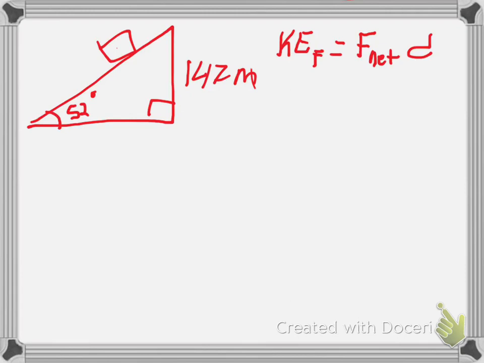Our displacement is just going to be this hypotenuse leg of our pyramid, and we can use trigonometry to solve for it. So sine of 52 is equal to the 147 leg over x.